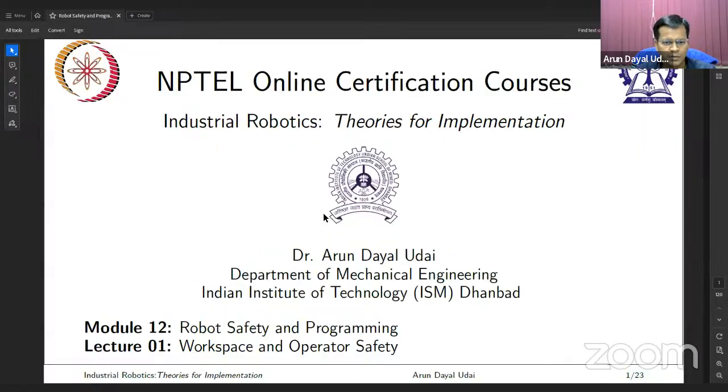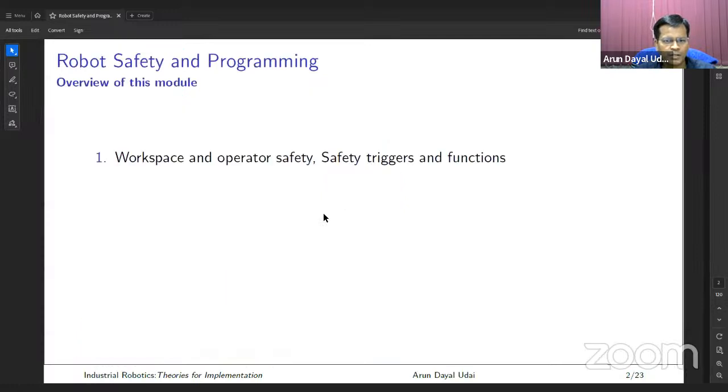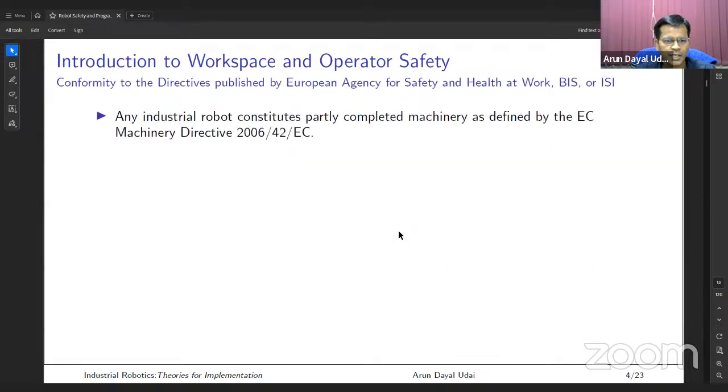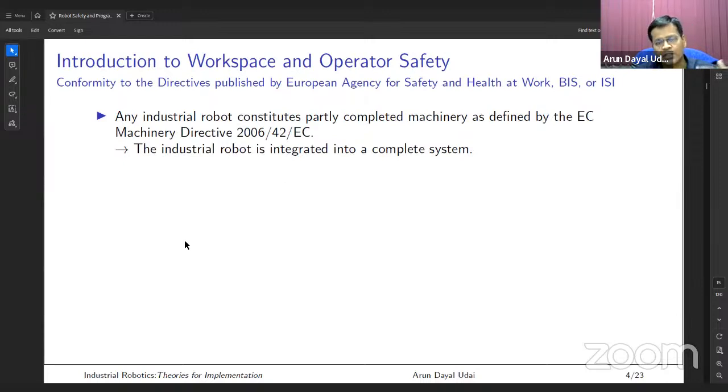We'll be covering operator safety, safety triggers, functions, and those things. You see, I have covered a lot of machinery directives, BIS standards, ISI standards, the different standards, and how industrial robots take care of these safeties when they are actually designed.